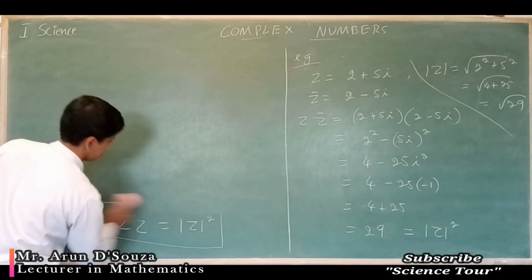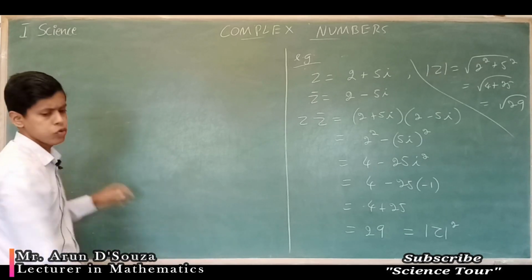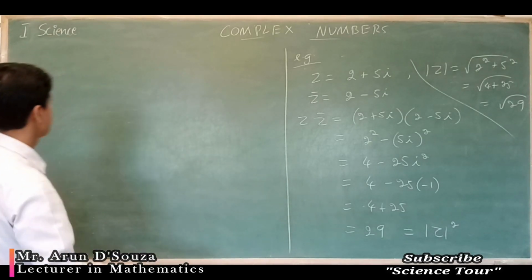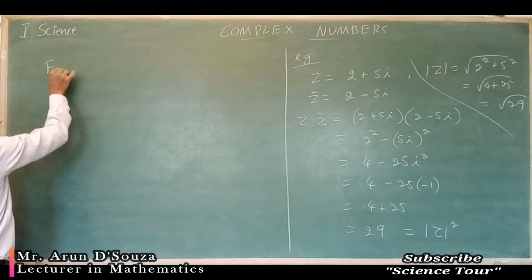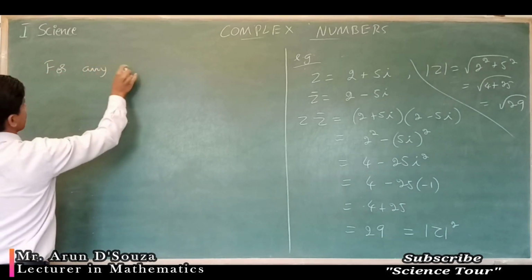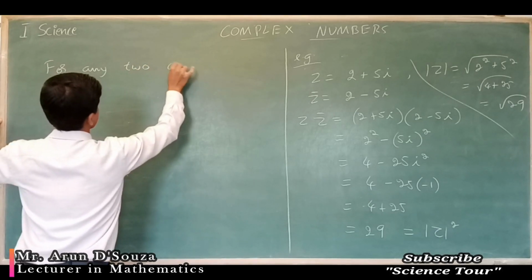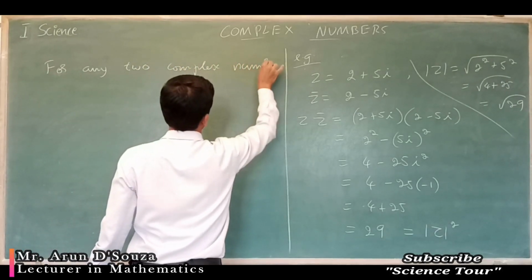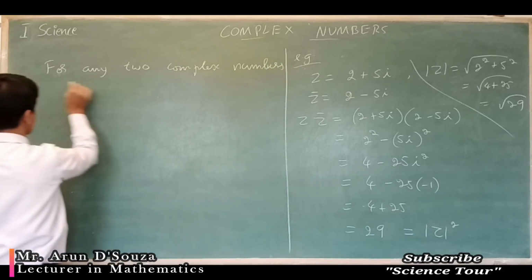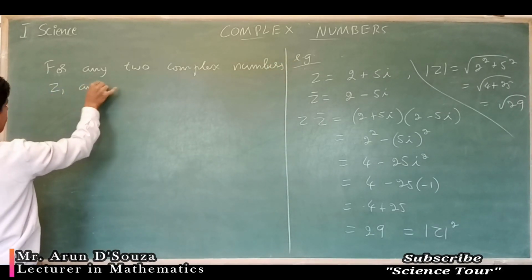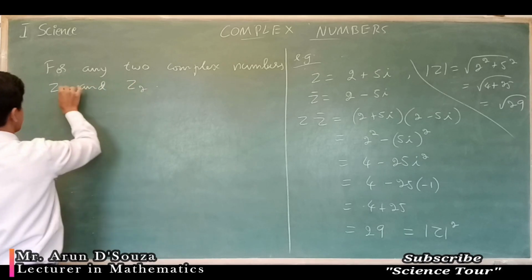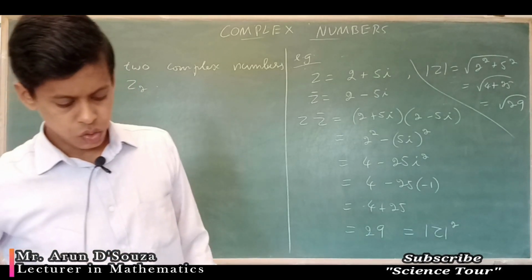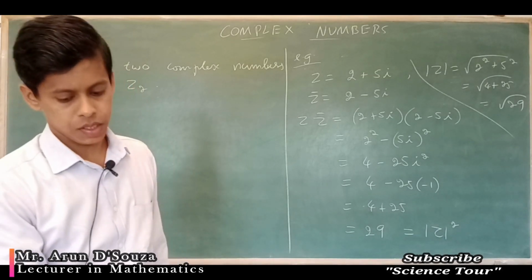Well, a few properties, right? So for any two complex numbers, Z1 and Z2, you can have the following properties.